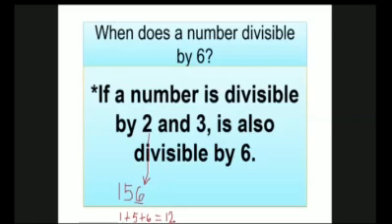And still you can see that 12 is divisible by 6. This is the way you determine if the number is divisible by 6. It is divisible by 2, and of course it is divisible by 3. Then we also add the digits and we got the sum of 12, still divisible by 6. It is a perfect number that is divisible by 6.